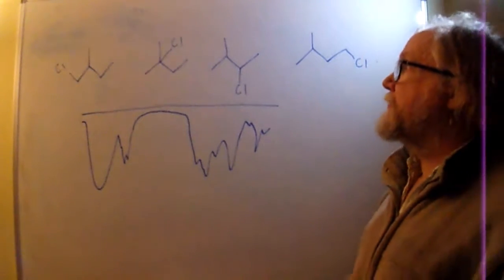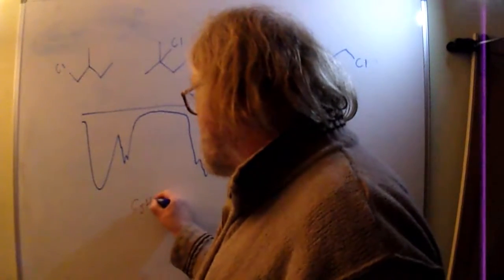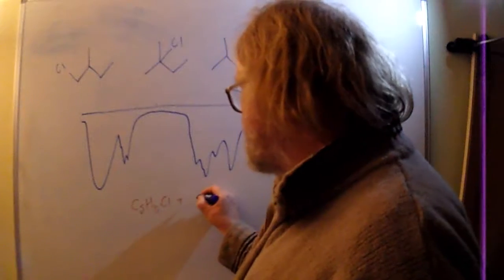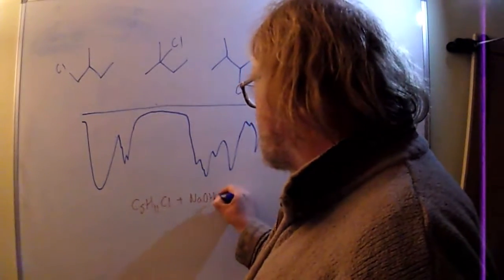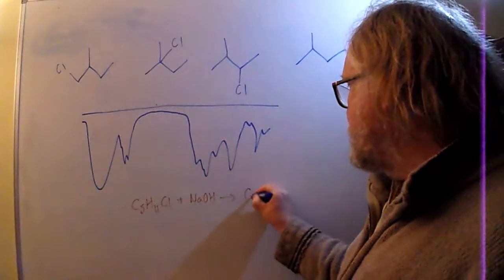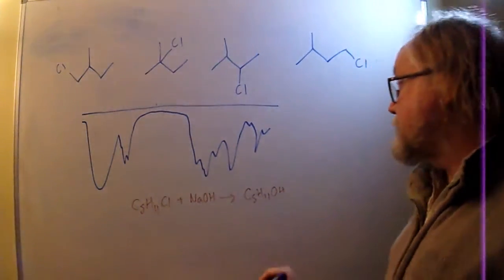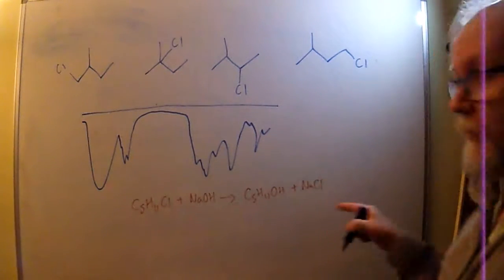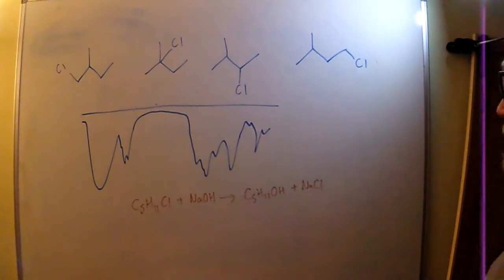So we can write the equation for that in terms of molecular formulae, just to remind you what's going on. So C5H11Cl plus sodium hydroxide will give you C5H11OH. That's the substitution of OH for Cl plus sodium chloride. Again, make sure you have a balanced equation. Don't forget to put the sodium chloride in.